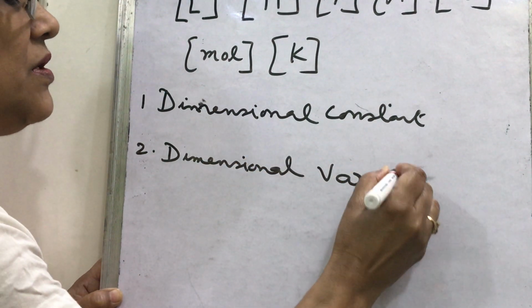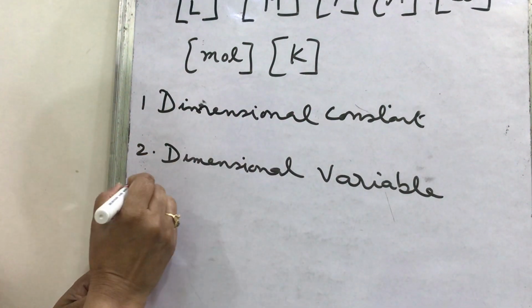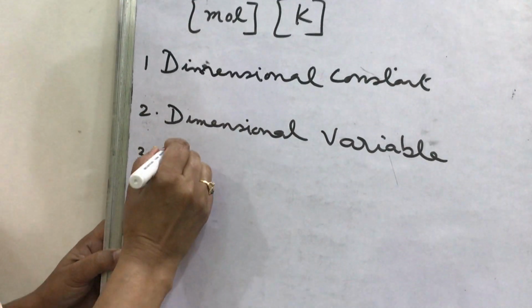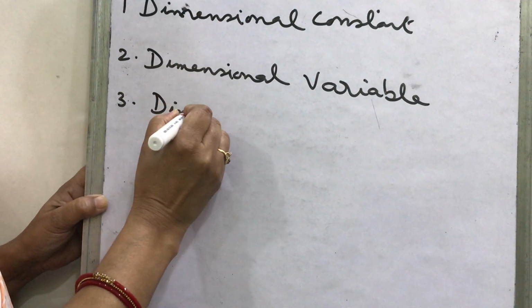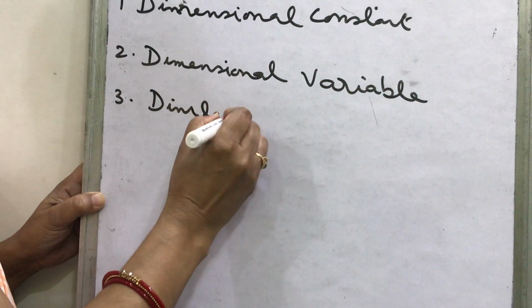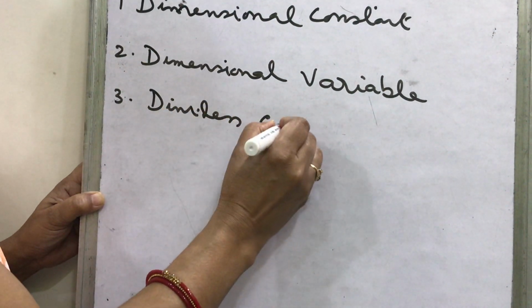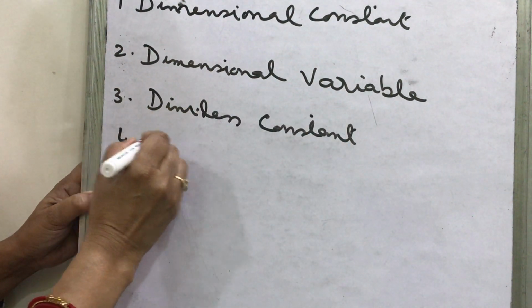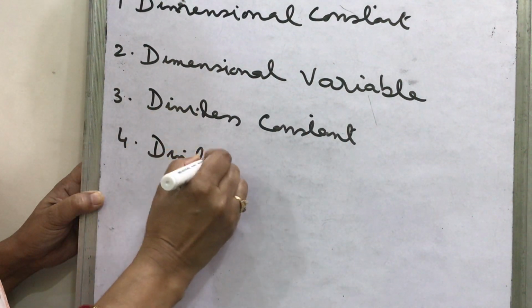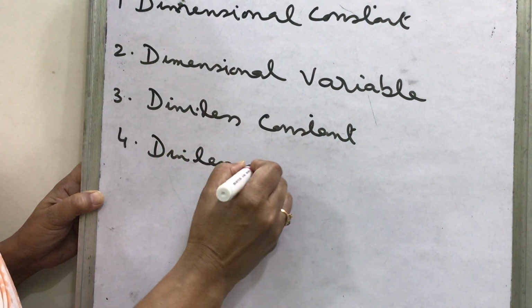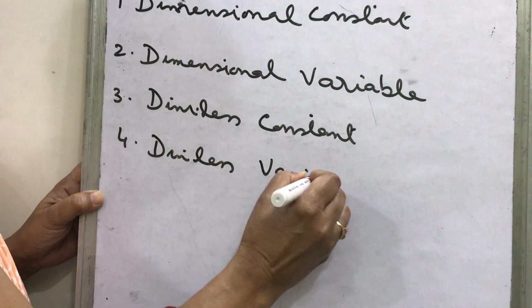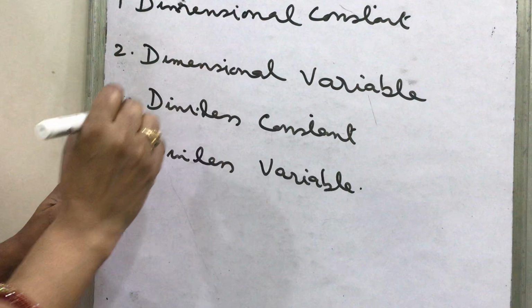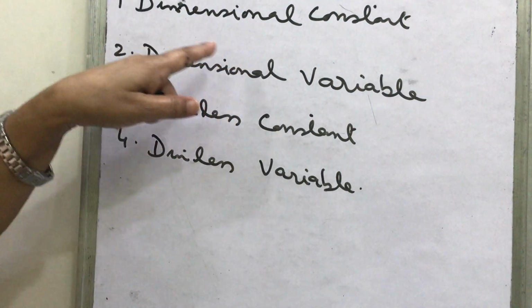You should know about the constants and variables. Number three, dimensionless constant, and number four, dimensionless variable. I am giving you the example of each.